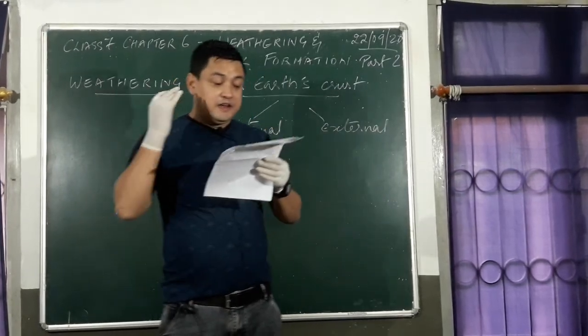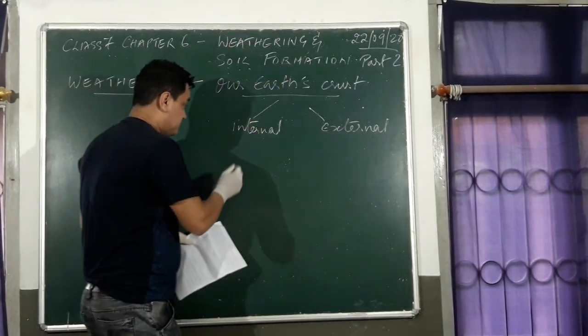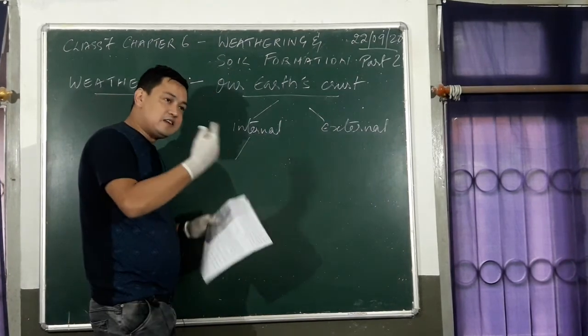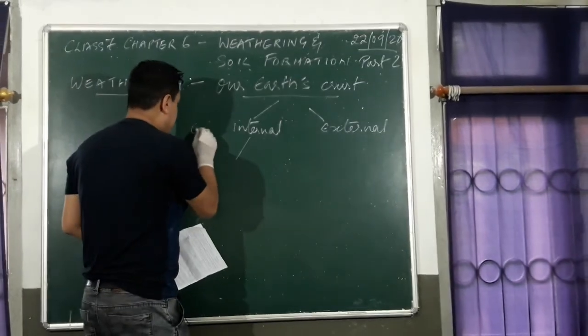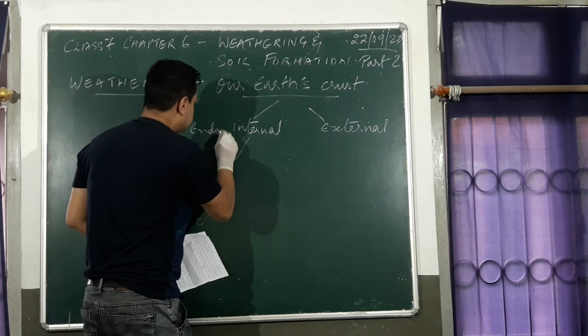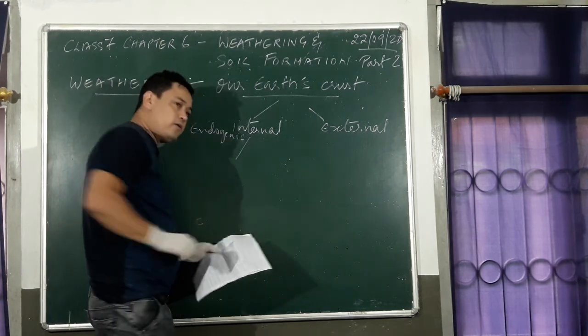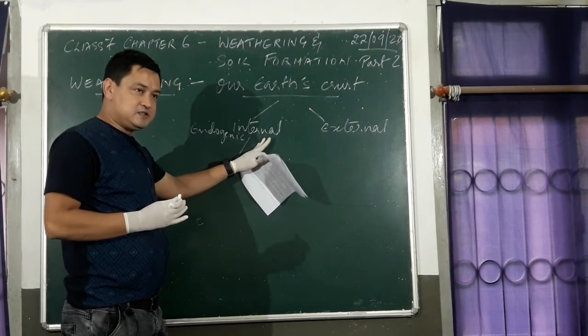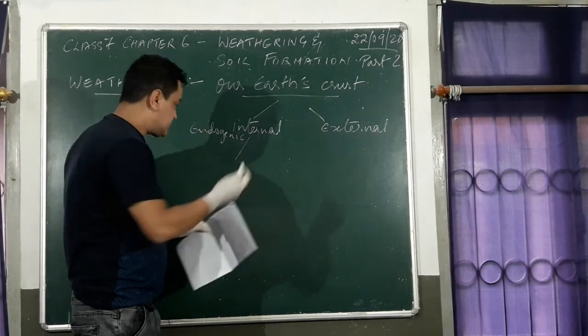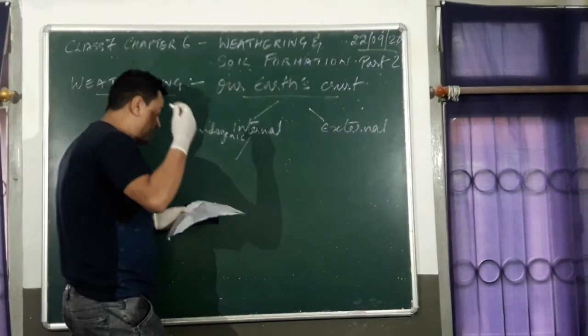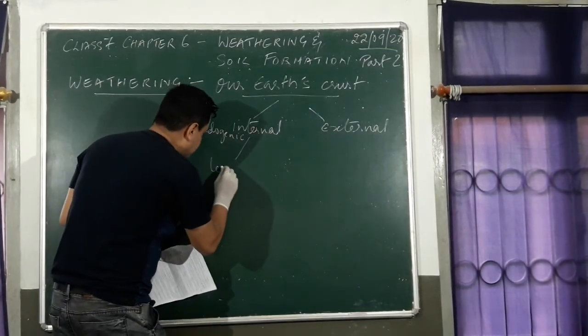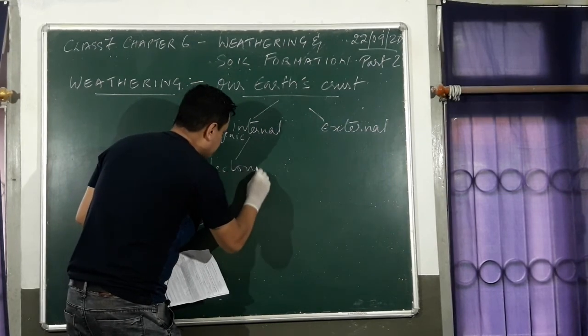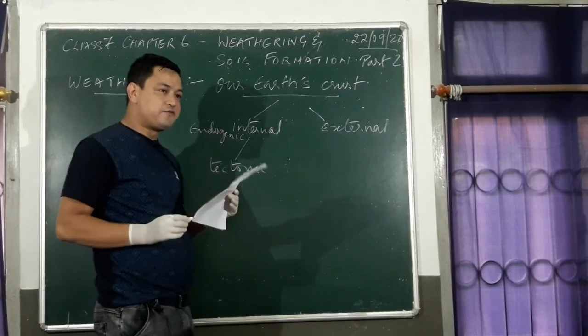While internal processes like tectonic movement, so internal means inside the earth, are known as endogenic. So this internal process or force is involved inside the earth. It involves processes like tectonic movement, so we are talking of the shifting of the plates.